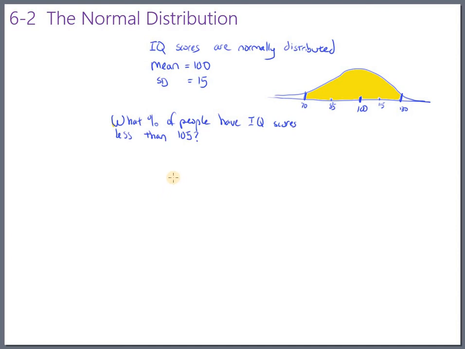So I'm going to recommend when you get a question like this that you draw a picture every single time. The picture is so important to the normal curve. So let's draw ourselves a picture.